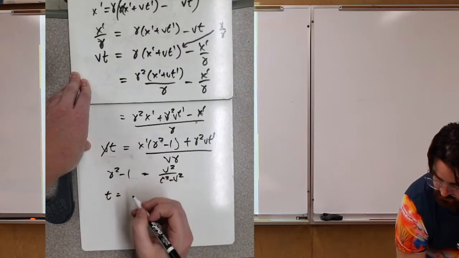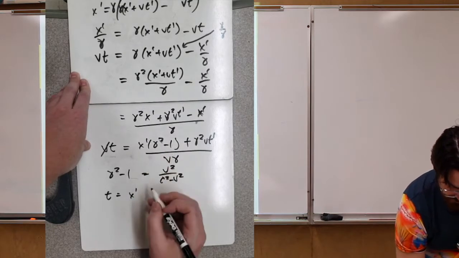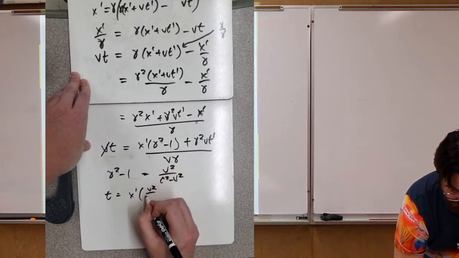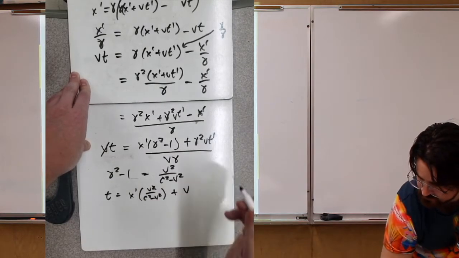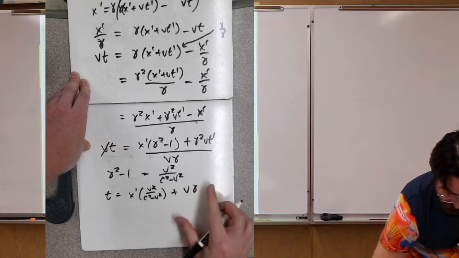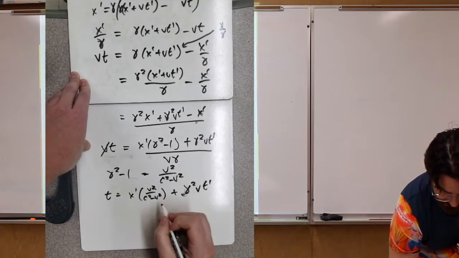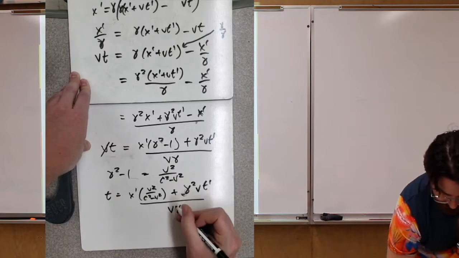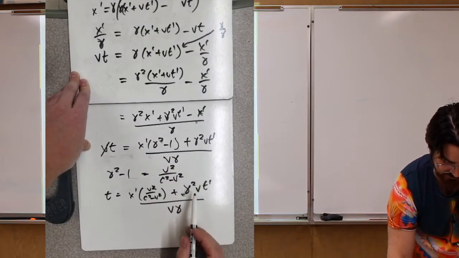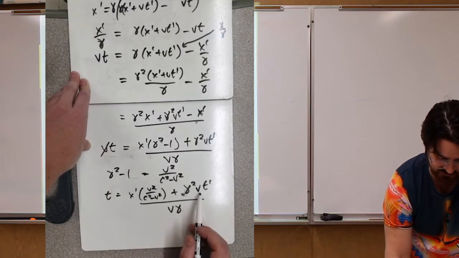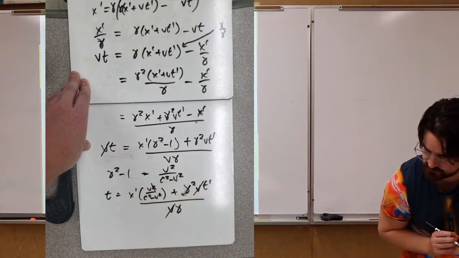And that t, now we can write as x prime, replacing this gamma squared minus 1 with v squared over c squared minus v squared, plus v gamma squared t prime over v gamma. And now we see in both of these terms there's at least one factor of the relative velocity of the frames, this v. So we're going to get rid of that, and one of those.